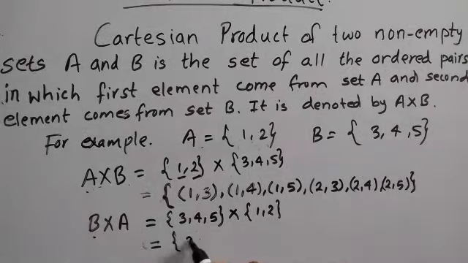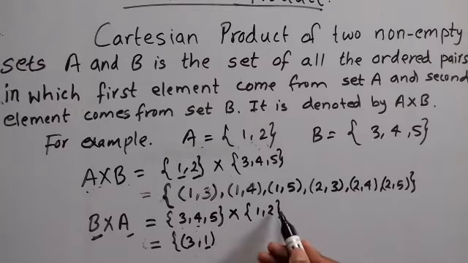Here 3 1 is for this Cartesian product B cross A. The first element must come from the first set, that is from set B, and the second element must come from the second set, which here is A, so we have taken the second element of this ordered pair from the second set.